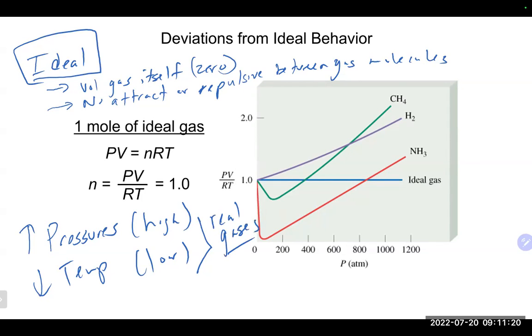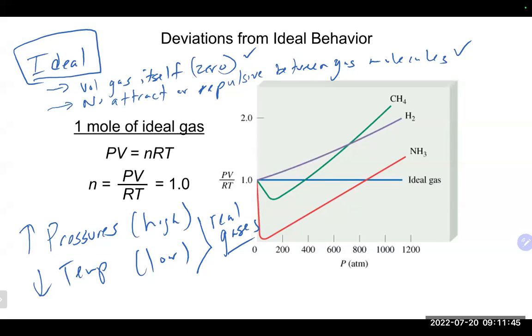Under these really high pressures and low temperatures, we need to take into account both of these things. Under those conditions, the volume of the gas itself becomes relevant to the container it's in, and the attractive forces between gases also come into play.